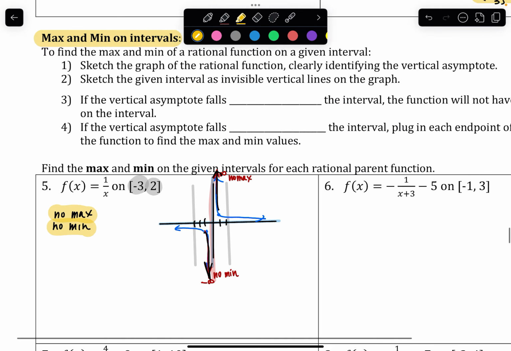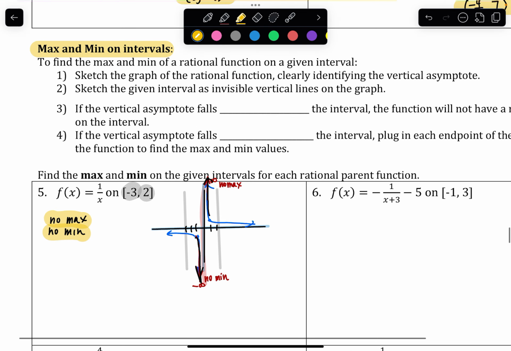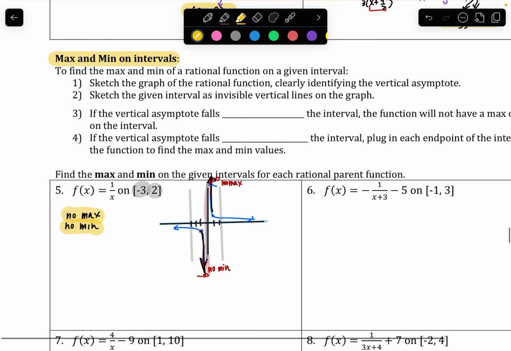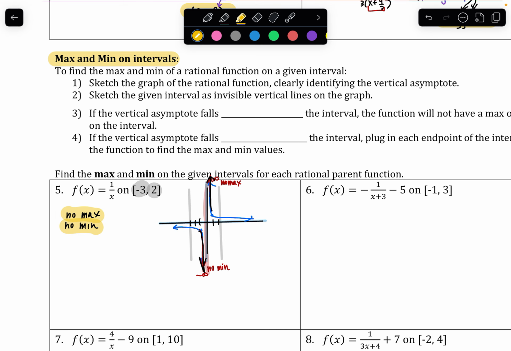Okay, and so your steps to finding the max and min on intervals is first sketch the graph and clearly identify where the vertical asymptote is. And then you're going to sketch the interval as vertical lines, just like I did, these gray lines. So let me color code this.